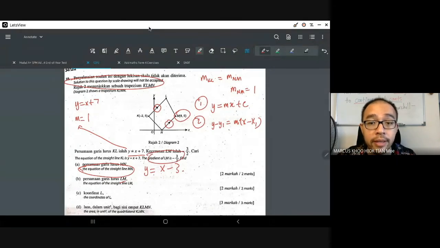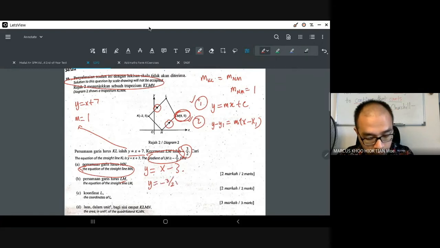Can we find the equation? Of course we can. We use either one of these methods. We have the same point, only the gradient has changed. So the answer will be y equals negative 3 over 2 x plus 17.